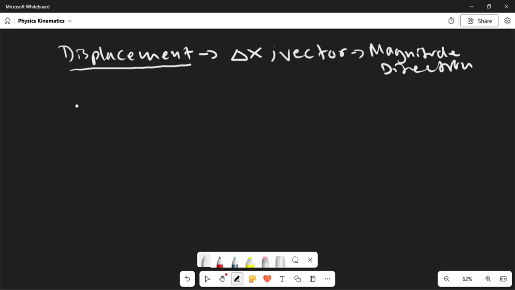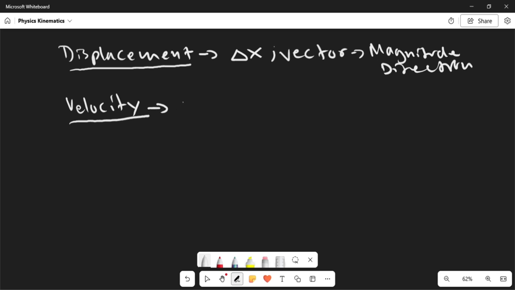Okay, now we also need to take a look at velocity. So velocity is simple. It's just how fast an object moves. So velocity is also a vector quantity.